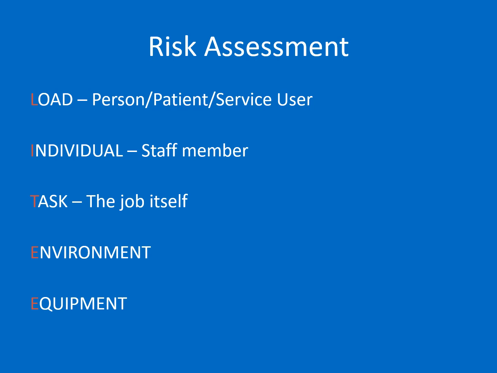Next, you'd have a look at the environment. So you want to have a look at space. So more space is always better, but you need to try and create space. Look at the lighting. So you need to have appropriate lighting to do the movement, not just for your own vision, but for the service user's vision, who might have a visual impairment that's significantly affected by low levels of light. So you have to have the lights on in the room.